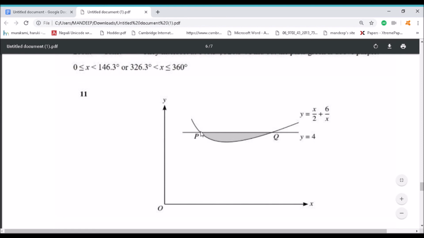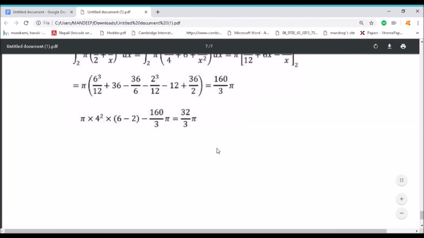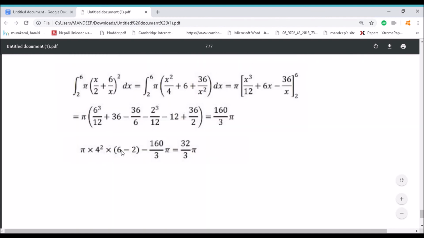The one we found by using the integration was this, which is 160 divided by 3. So the area we found, the volume, sorry, I'm misguiding you, it's volume. The volume we found was below this. So the volume we are finding is below this. So total this minus this is going to be our answer. This is the shaded part. So it's going to be pi times 4 squared times 6 minus 2, the range, minus 160 over 3 pi, equals 32 over 3 pi.